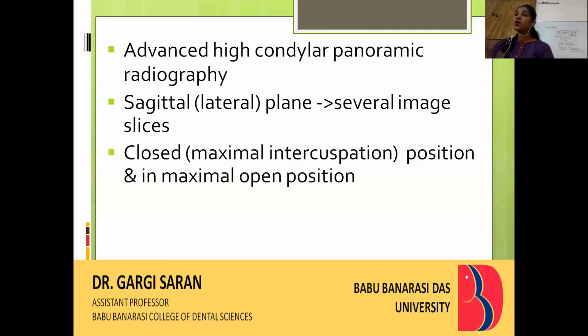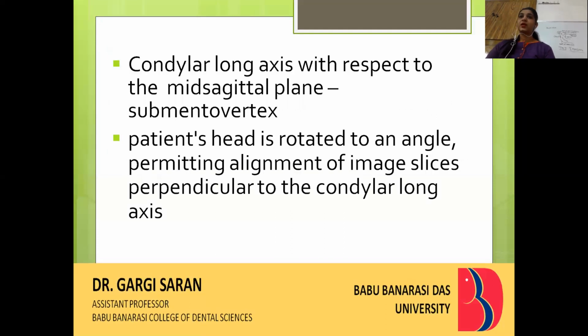In closed mouth, we can visualize the condylar head, and in open mouth also. Now, the condylar long axis with respect to the mid-sagittal plane can be viewed with the submentovertex view. In this, both condylar heads can be visualized.